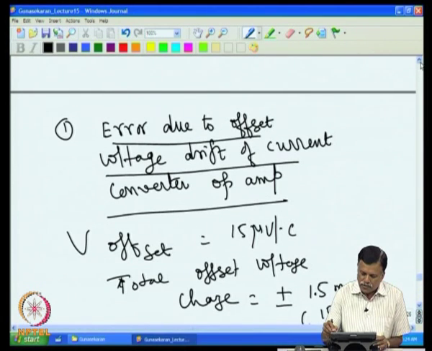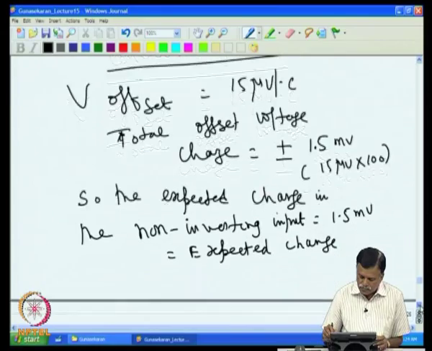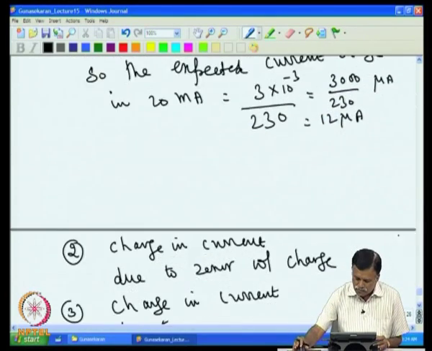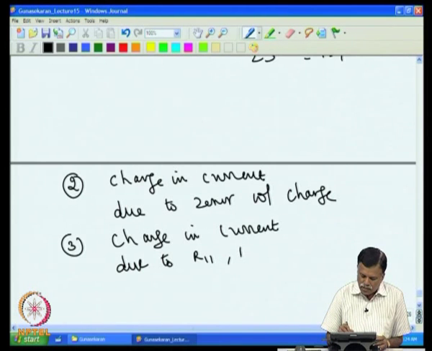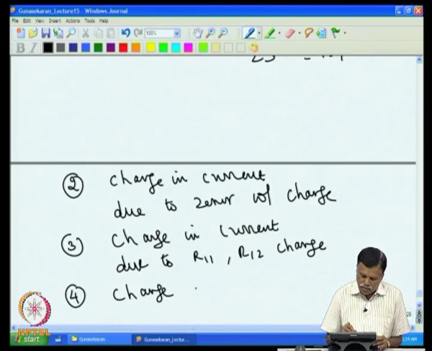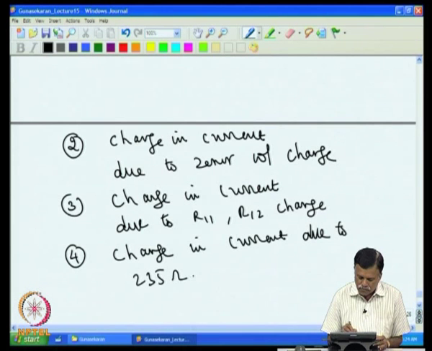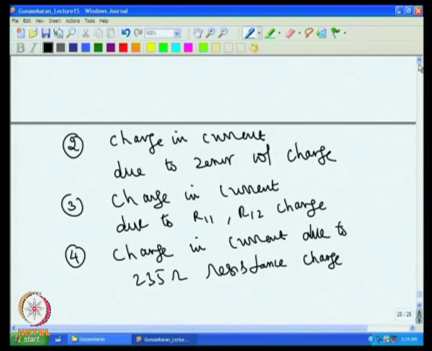I think it is R10 and R11 and R12 change. Due to R11, R12 change. Then we also have to compute the change in current due to the 235 ohm resistance change. I think we have named it so. These are the errors that we have to compute, that we will do in the next class.